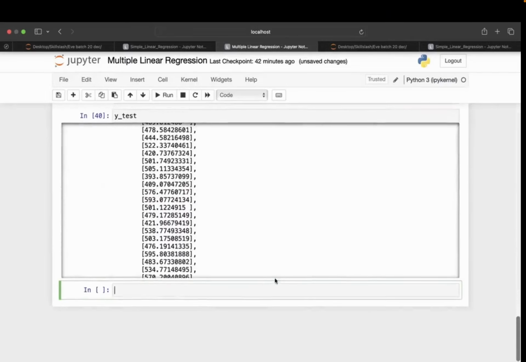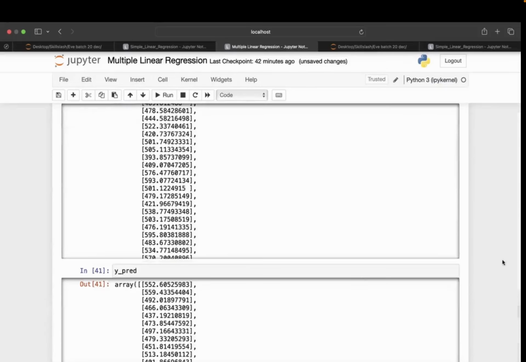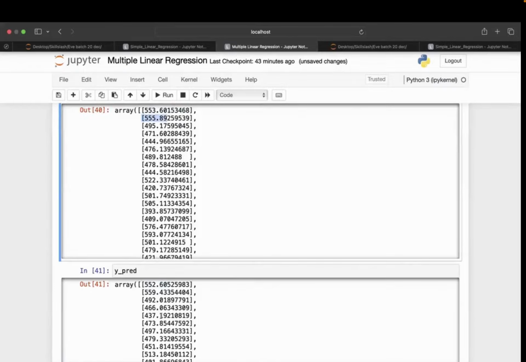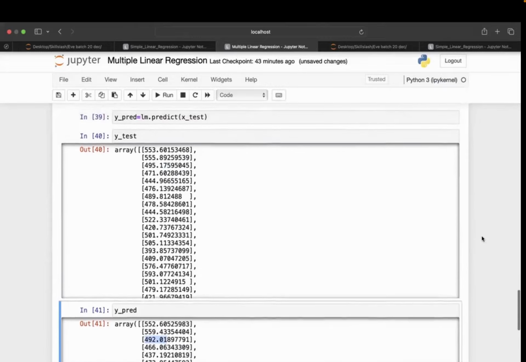And this is going to be the y pred. You can see the first entry is 553.60. It is 552.60. It is 555.89. It is 559.43. 495. 492. Okay, almost close.